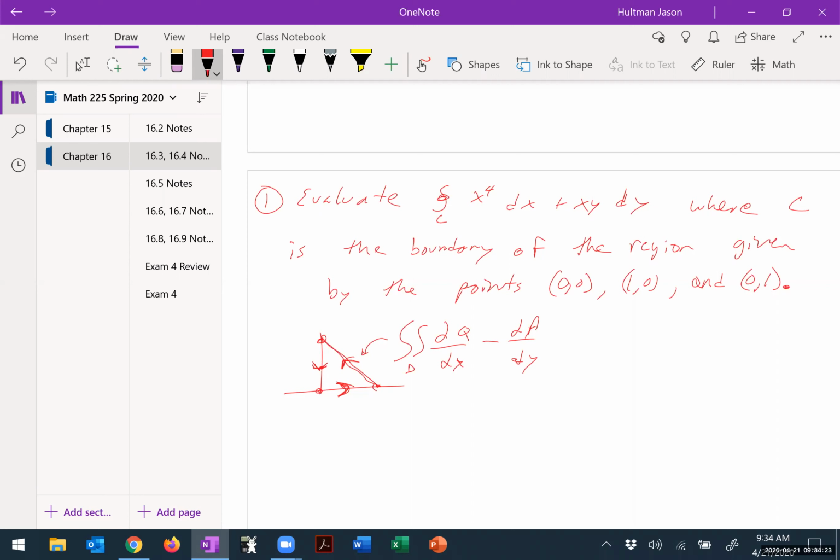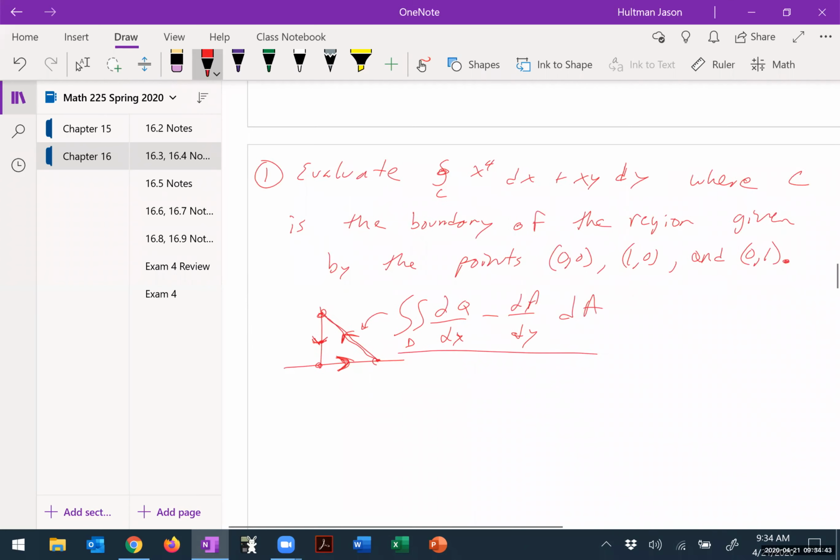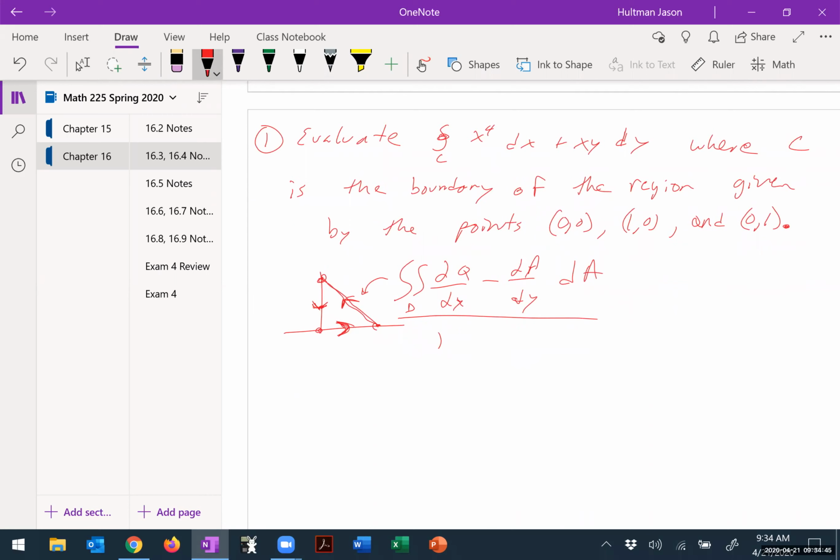So let's do the inside first. This is dA. This is Green's theorem here, that this line integral is going to be equal to this. So what is dQ/dx?